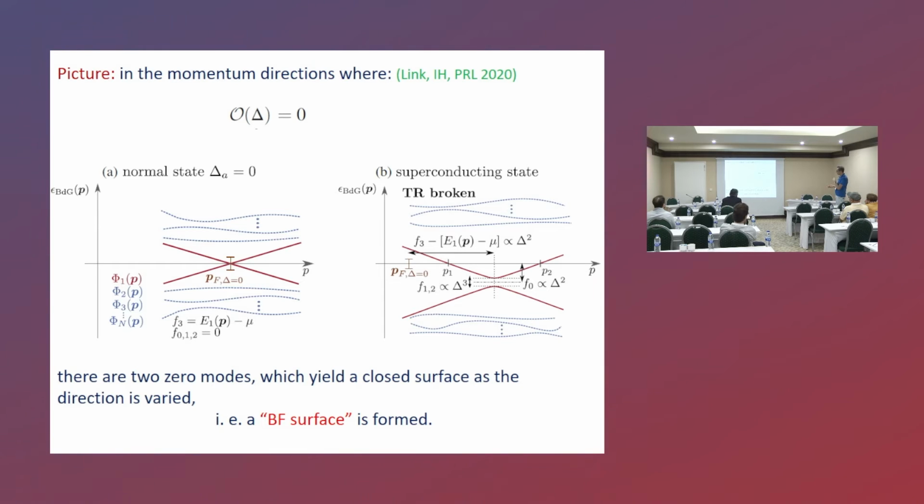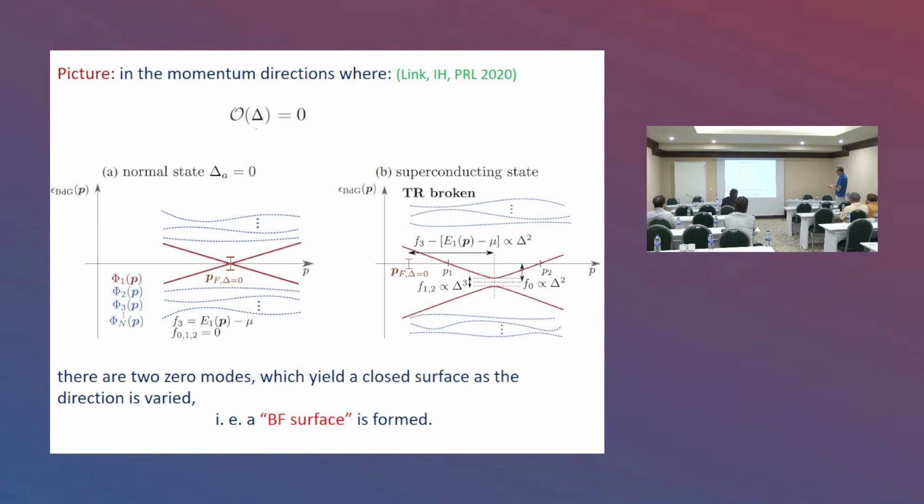I was plotting that before. In the superconducting state, if delta is small, this whole thing will be shifted to the right by the f3 term, which is over delta squared. That is not important. But then it will shift it down or up by f0, which is important, which is also over delta squared. That is this thing here. So it's basically just translated down in this particular case. It could be up as well.